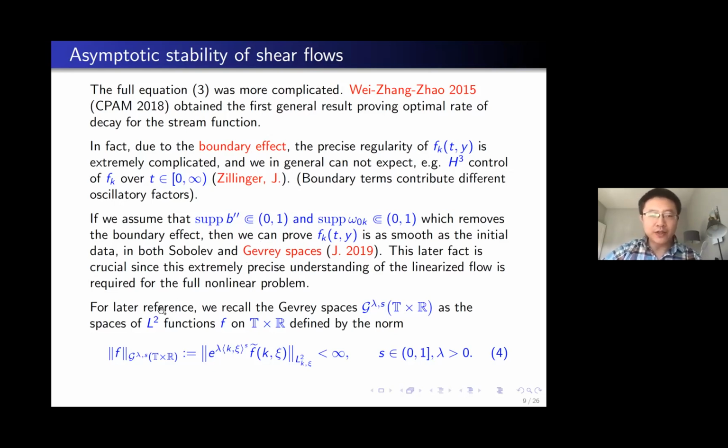So for later reference, let us recall the so-called Gevrey space on T times R. If you have a function f on T times R, let's define the Gevrey norm. Basically, you take the Fourier transform in both x and y. Because x is periodic, you get the discrete mode k, and then you have f tilde. You multiply by this weight, where there's a parameter s, and take the L2 norm.